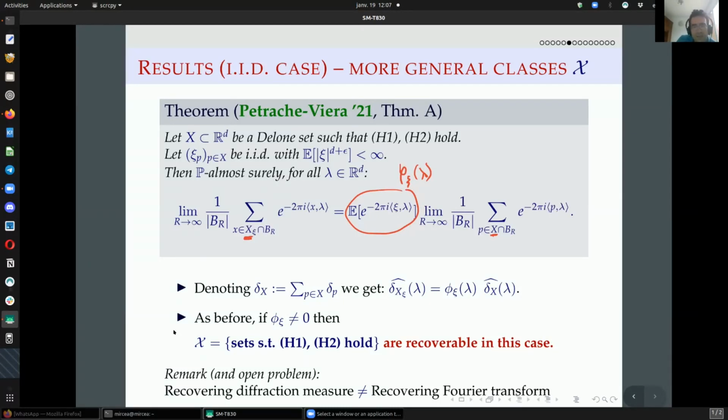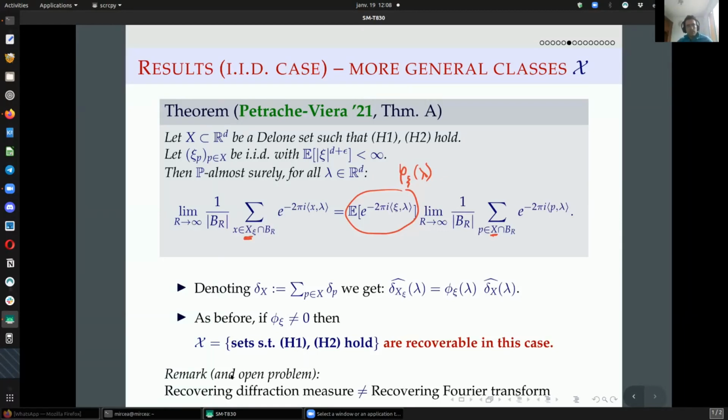Okay, and again I formulated the same as before: if phi psi is 0, then these quasi-crystal, quasi-periodic type sets are recoverable as well. It's a little bit of an extension in the type of regularity of our sets that is allowed.